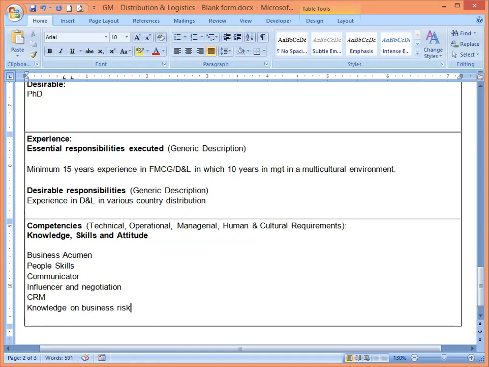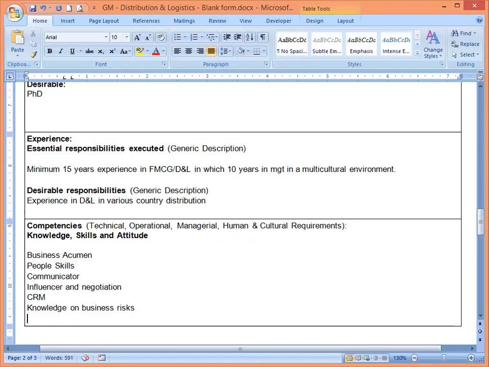The GM should know how to carry out business risk assessment in terms of the likelihood of the incident, right? So that would be risk management, able to manage all the risks of the business, right?